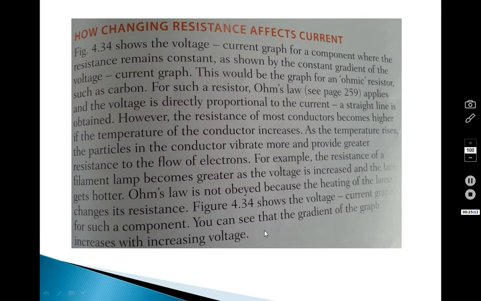Increasing the value, the graph increases, and changing the value of R affects the value of current I. For any resistor that obeys Ohm's law, page 259, voltage is directly proportional to the current, and a straight line is obtained, as we see in this figure.